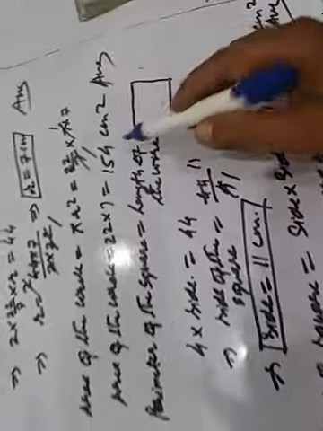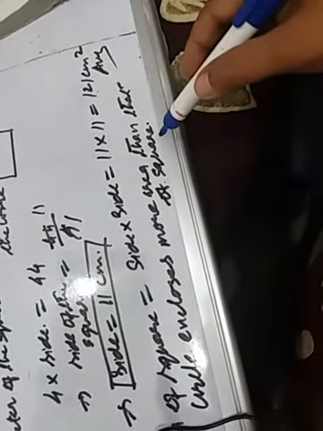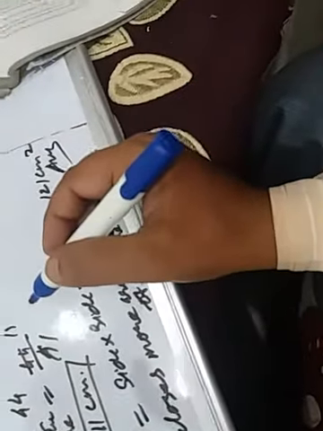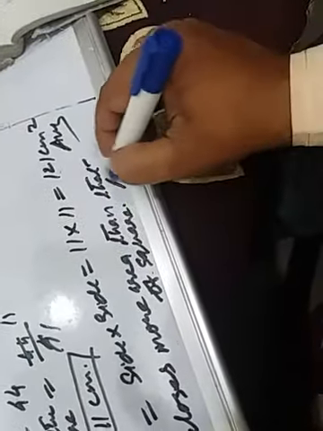Why? See, area of circle equal to 154 square centimeter and area of square equal to 121 square centimeter. Okay, children. So this is your final answer.